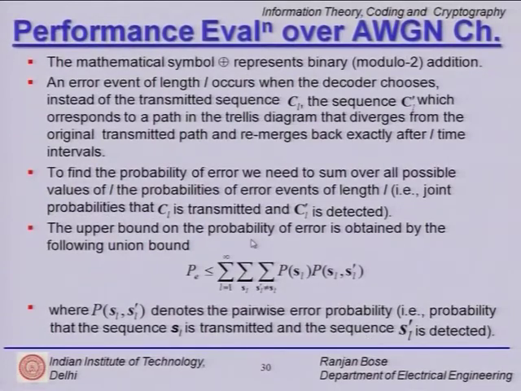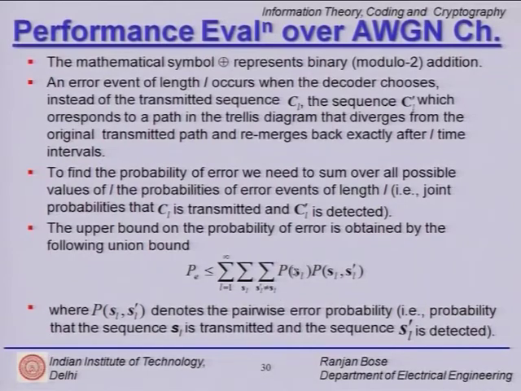So, basically in the performance evaluation over an additive white Gaussian noise channel, we look at the upper bound on the probability of error simply by looking at this union bound, the probability of SL and the pairwise error probability P(SL, SL prime), where SL prime is not equal to SL. So, we look at all such cases, therefore, it is a summation over all the cases where SL prime is not equal to SL.